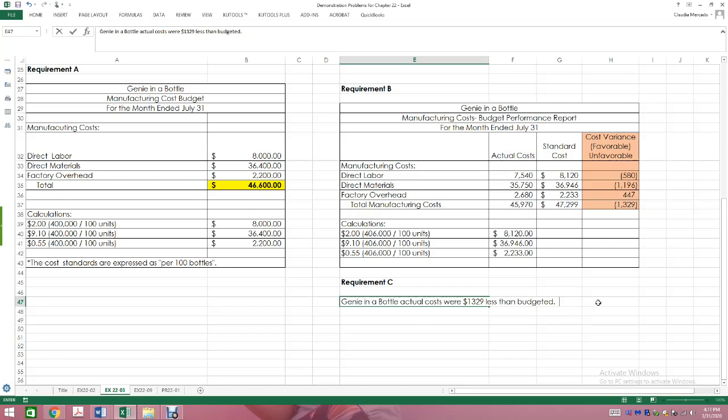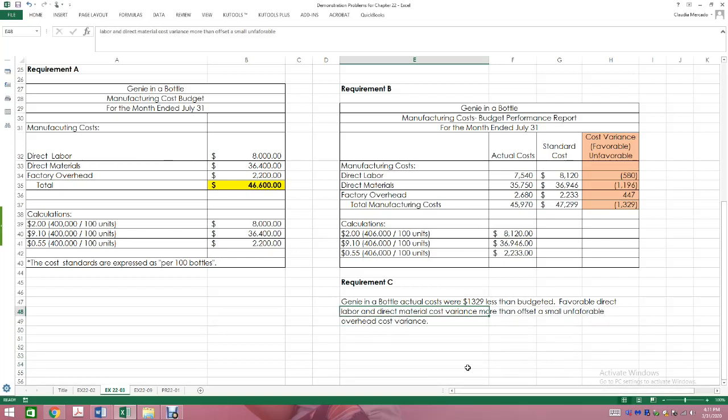We have a favorable direct labor and direct material cost variance. Favorable direct labor and materials cost variance more than offset a small unfavorable overhead cost variance. So overall, Genie in a Bottle spent less money than what they had budgeted.